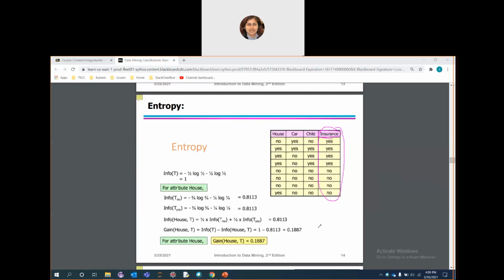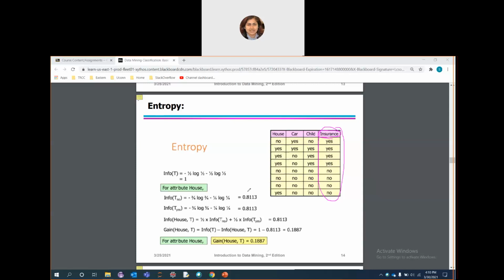So we want to determine if someone has a house or doesn't have a house, has a car or doesn't have a car, has a child or not. Depending on their yes or no values, what will be the final inference about insurance, whether that person will be likely buying an insurance or not, depending on the probabilities or information gain that will be received from house, car and child.